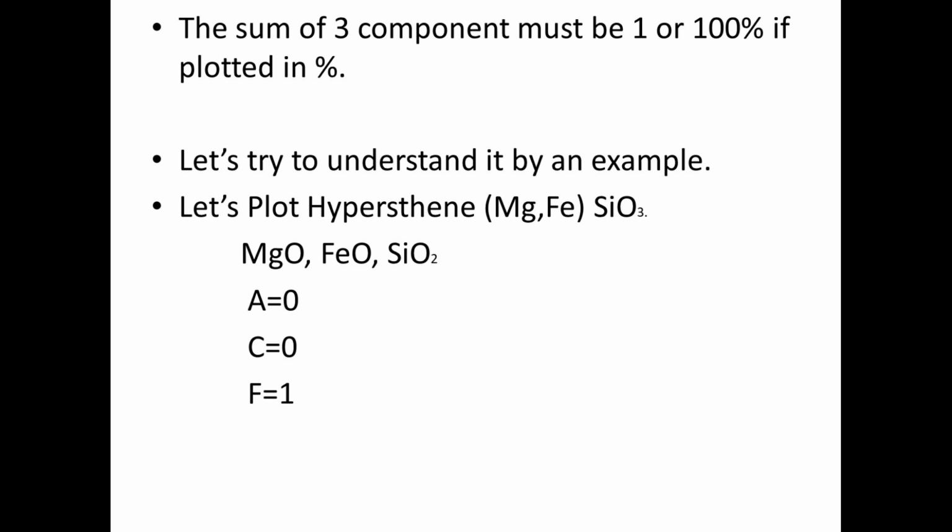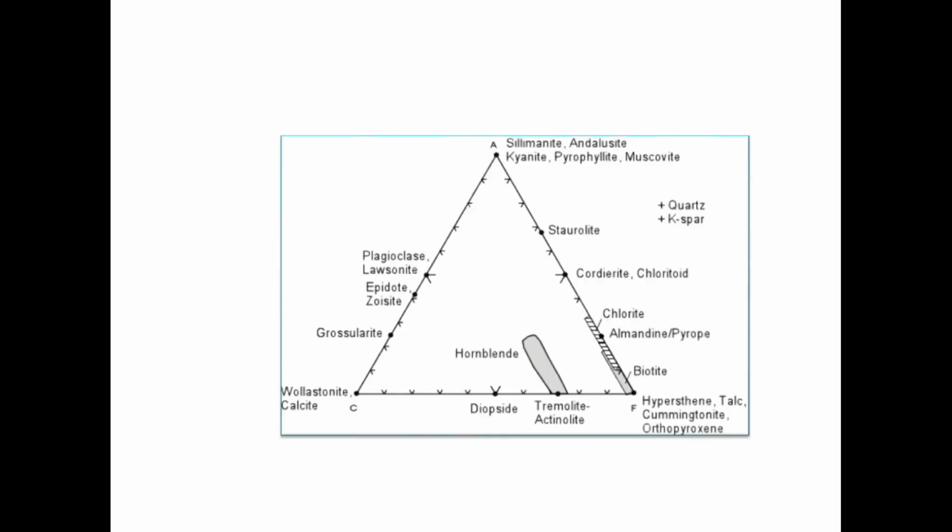Remember that we are talking about Fe2O3 here in A, but in hypersthene it is present in FeO form. Okay, so we have A equal to 0 here, and there is no CaO present, so C equal to 0. And because it has only FeO and MgO components, it has F equal to 1. So the mineral hypersthene will be plotted on the F vertex of the ACF diagram.